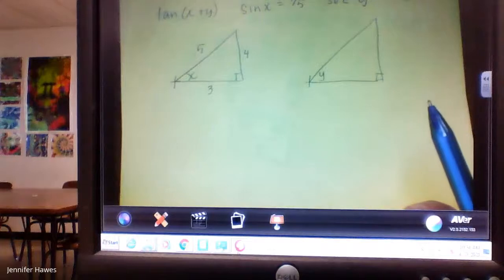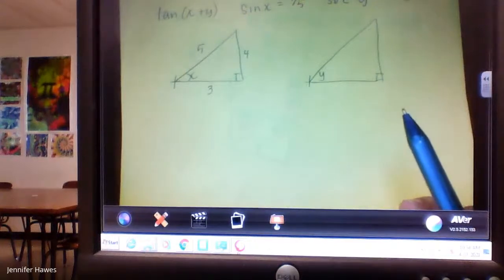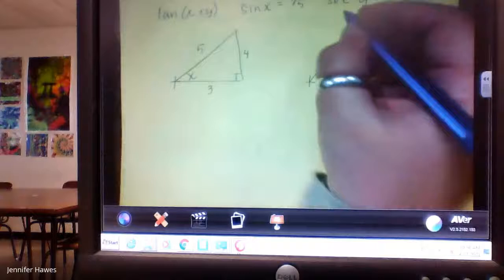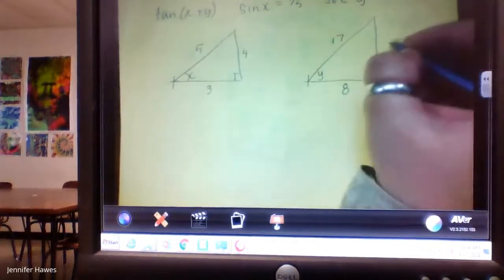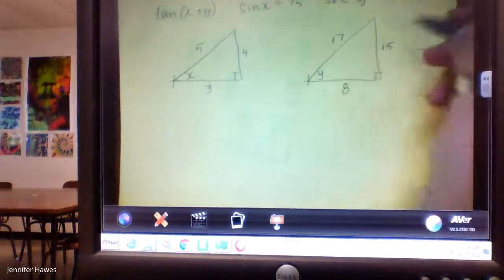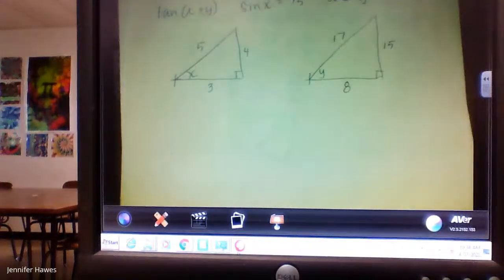Where's the 17 and the 8 go? So hypotenuse and the adjacent. And then if you do a squared plus b squared equals c squared, I believe you should get a 15. We're just going to double check it real quick because, yep, 225.